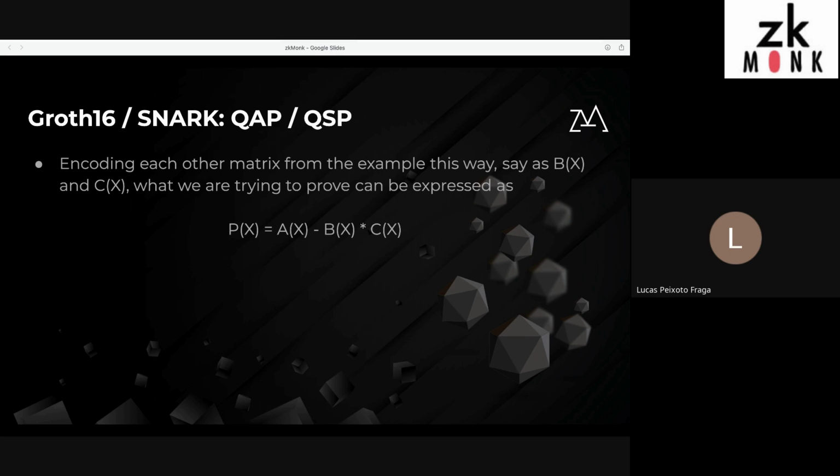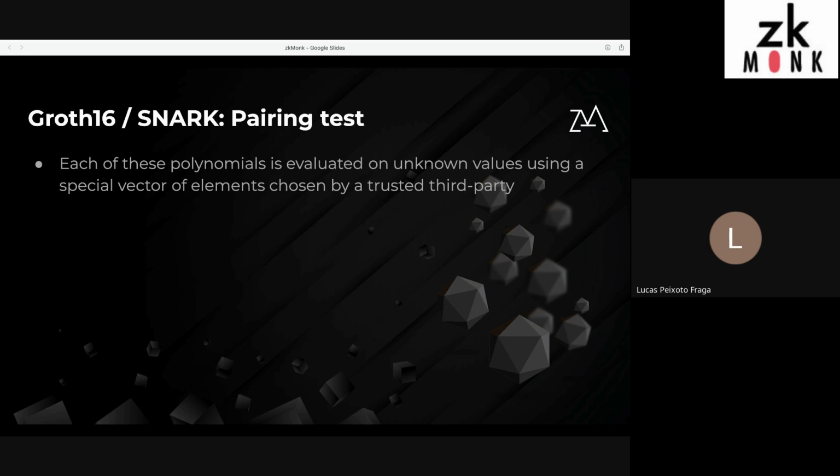And well, this is how we transform that huge R1CS system into one single polynomial that will be equal to 0 if the entire system is correct for a given solution, okay? And how do we test the correctness of this system using this polynomial P? Well, we have to evaluate this polynomial P together with A, B, and C on unknown values using a special vector of elements chosen by a trusted party.